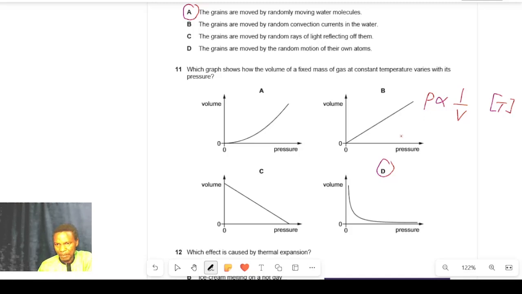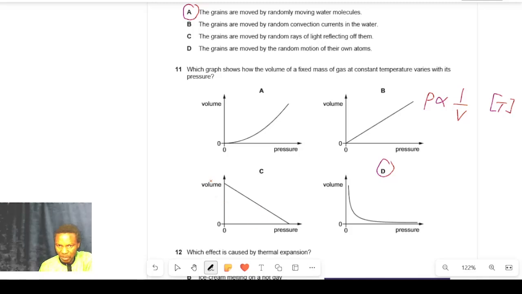If you say volume as a function of pressure, as the pressure increases, what happens to volume? Volume reduces. As the volume decreases, the pressure increases. So it's inversely proportional, and based on that, this is the correct graph representing this.